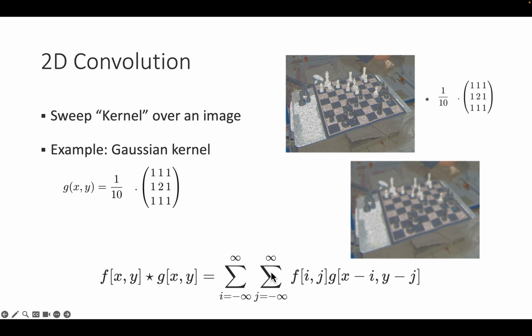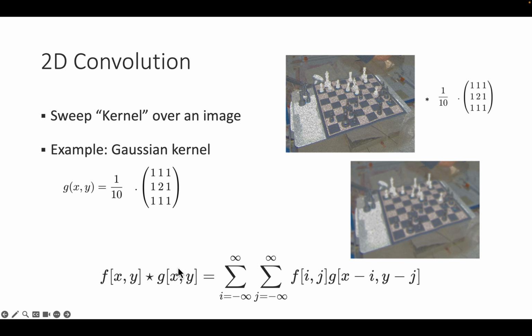This is exactly what this operation does. I have the two sums here which are sweeping from minus infinity to plus infinity, or in this case from 0 to 28, and the other ones will sweep from -1 to +1. So I go along this entire kernel, and now I multiply the values here together, and this is the result of my convolution operation.